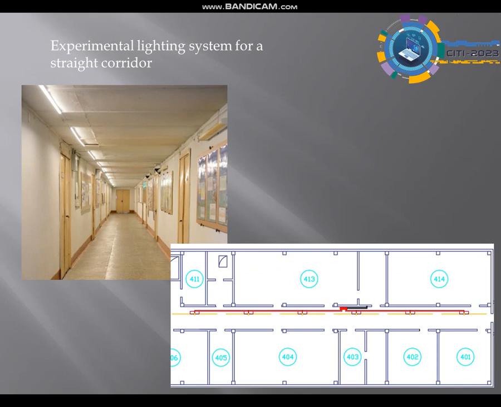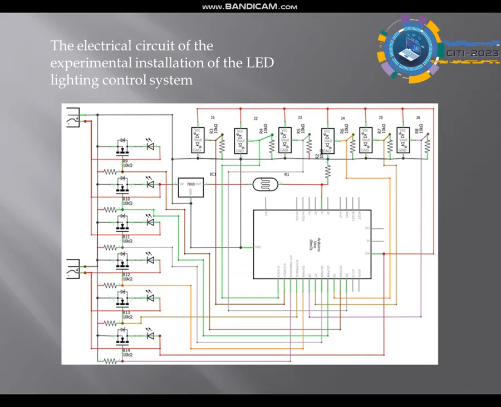The lighting is switched on based on signals from sensors when a person appears in the area of their action. The lights are switched off after a time delay, provided that there are no people in the area of motion detection. This lighting system implements a dynamic lighting control algorithm.